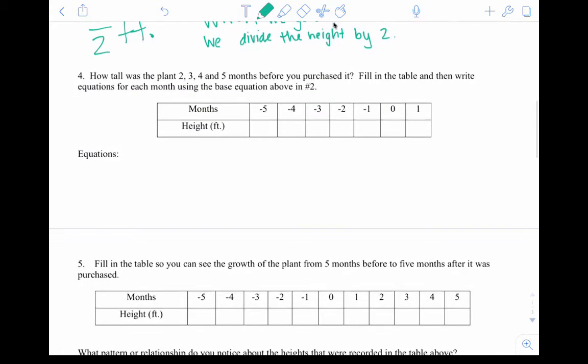Moving on to number 4, it says how tall was the plant 2, 3, 4, and 5 months before you purchased it? And then fill in the table and write equations for each month using the base equation above in number 2. So the first thing we're going to do is fill out this table for 2, 3, 4, and 5 months before we purchased it.